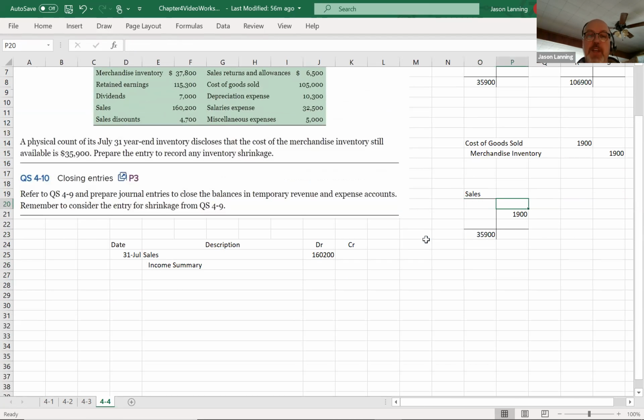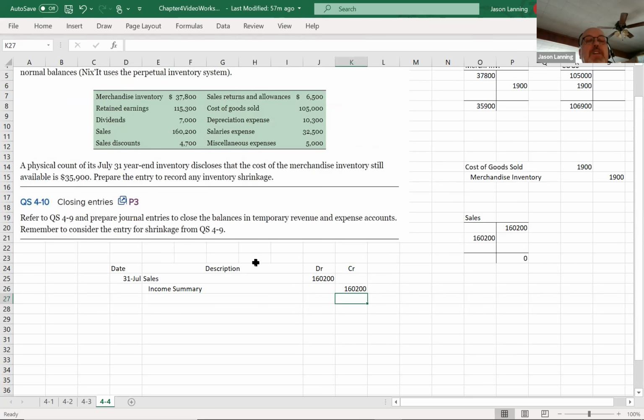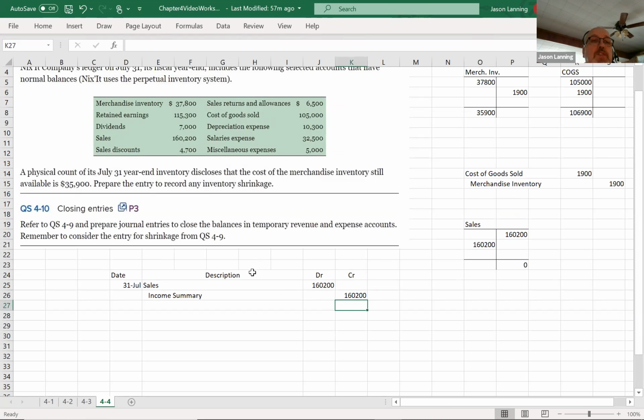So we had a $160,200 credit balance, and to close it, we just debit sales 160,200, which means in essence we're starting the next period with zero in sales, and that's what we want, because the next period we're just going to start keeping track of sales for that period. So we just have the one revenue account in sales, so that's all we had to do for it.